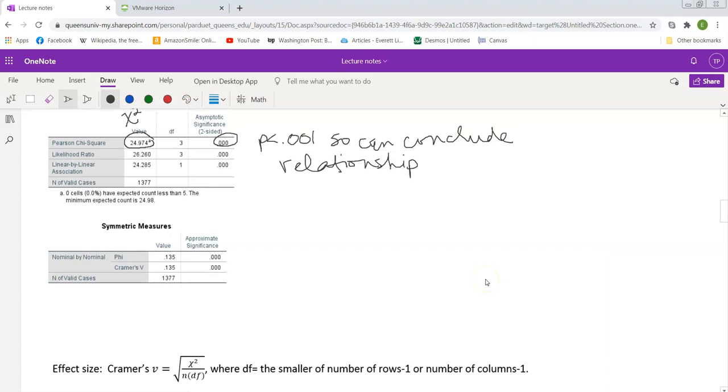And that's what this is right here. So 0.135, this is our effect size. And you don't have to worry about this approximate significance stuff. What we care about is this Cramer's V.